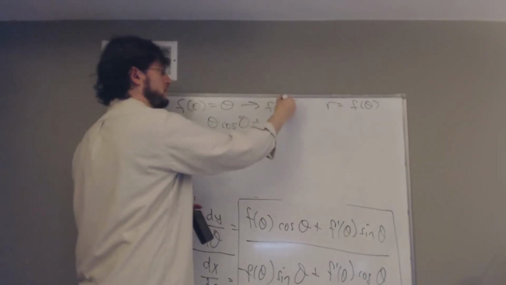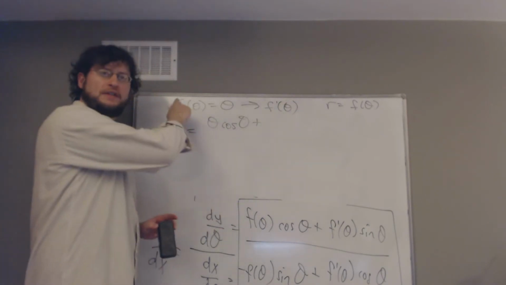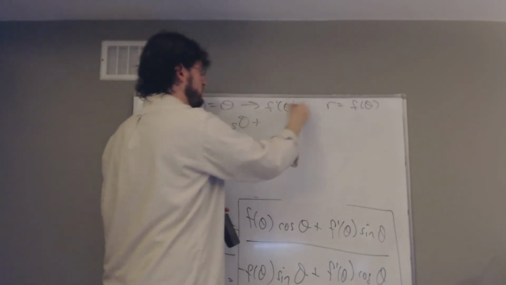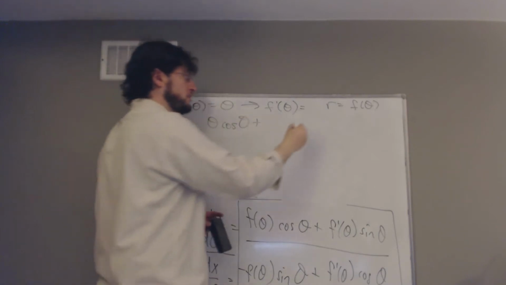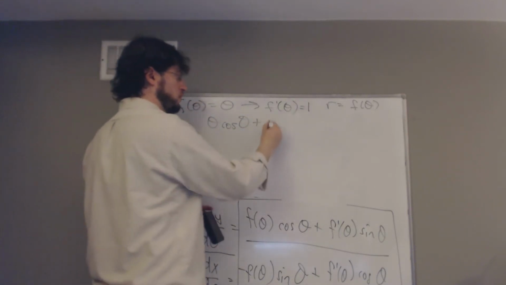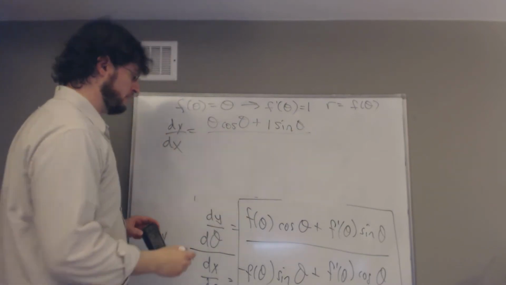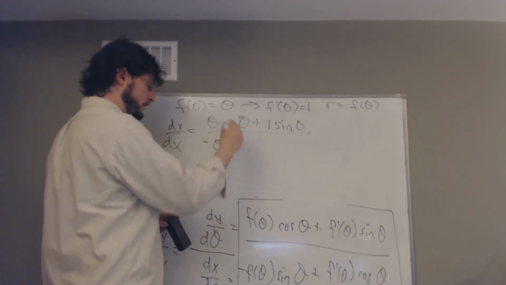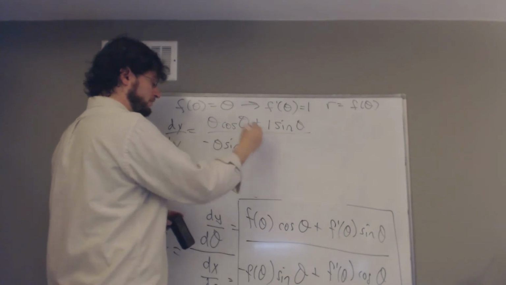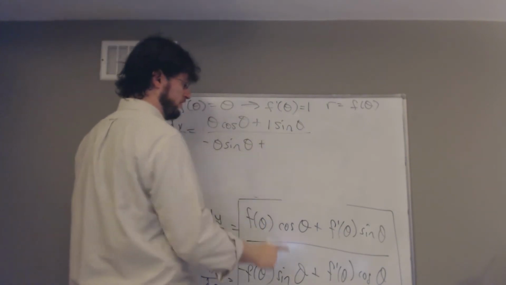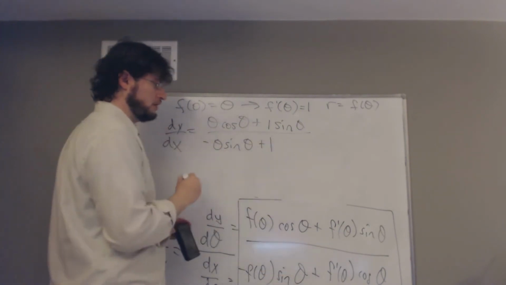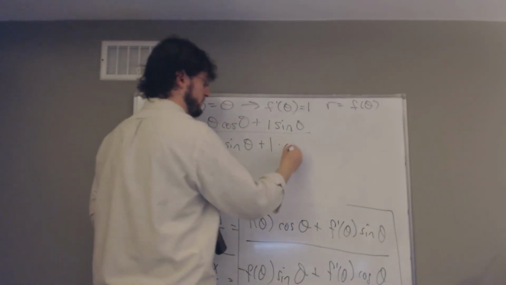Well, the derivative, if f at theta is theta, is just like the derivative of f at x equals x, which is 1. So plus 1 times sine theta, all divided by negative theta sine theta, plus f prime, in this case still 1, times cosine theta.